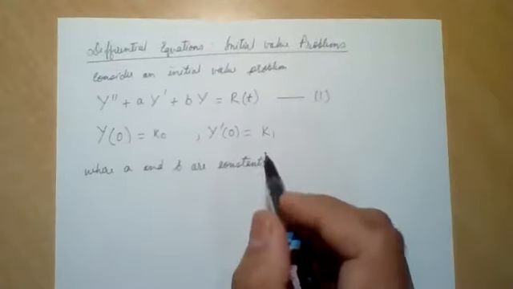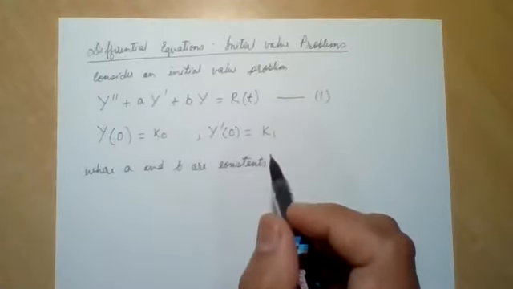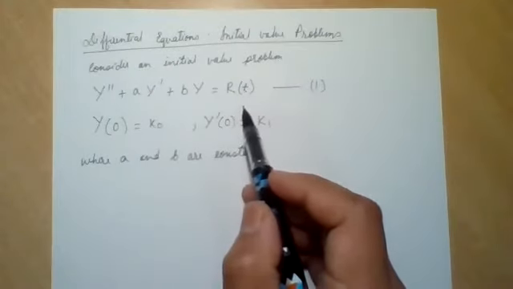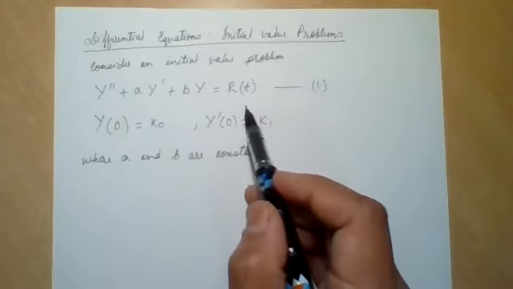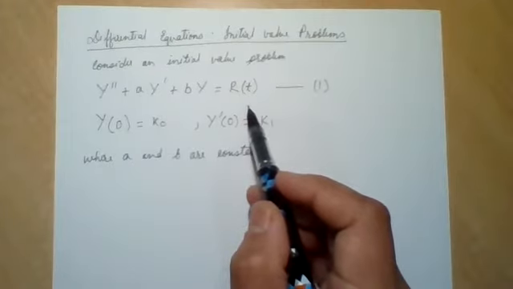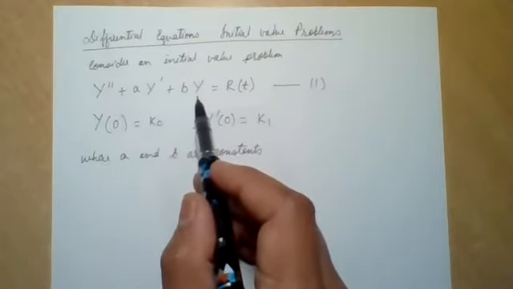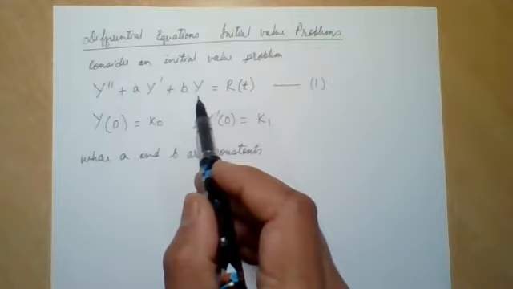We are going to solve this initial value problem by using Laplace transforms. Here, this capital R can be the given input applied to a mechanical or electrical system, and this y of t is the output, that is, the response to the input.